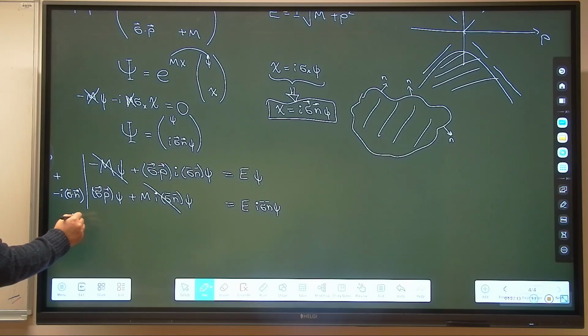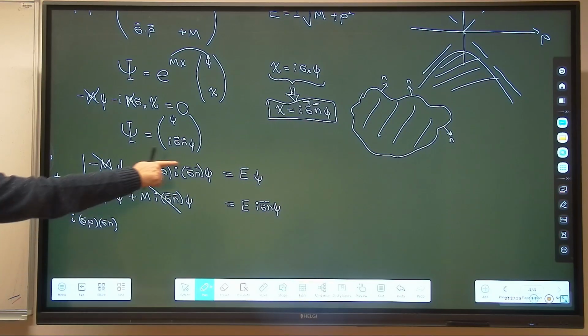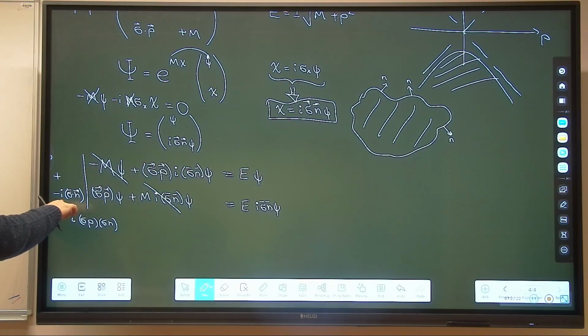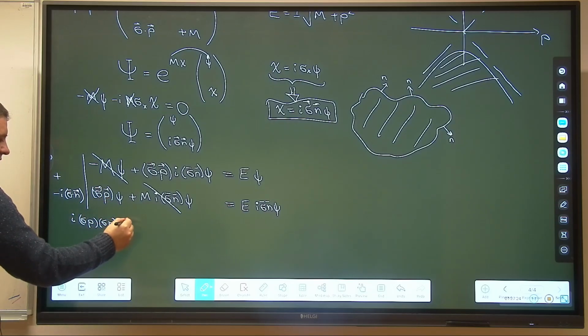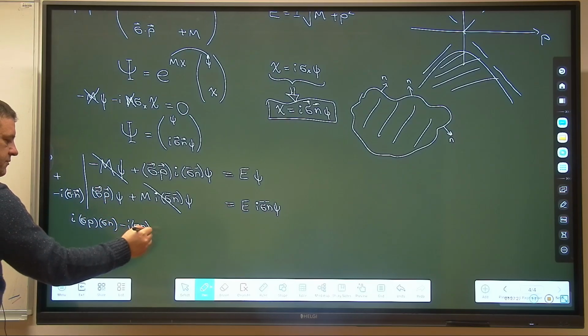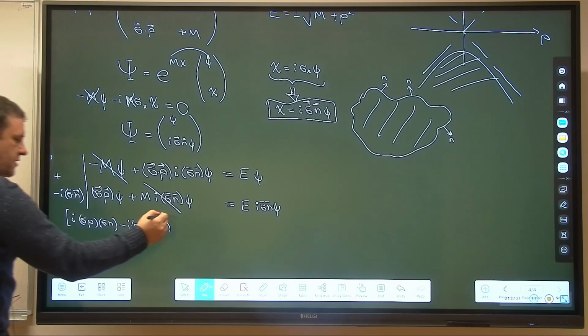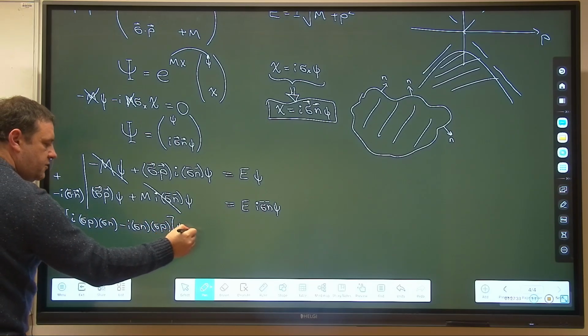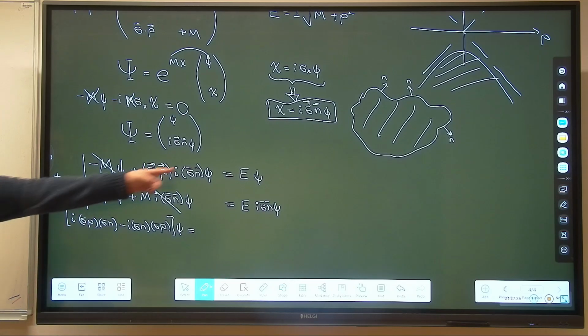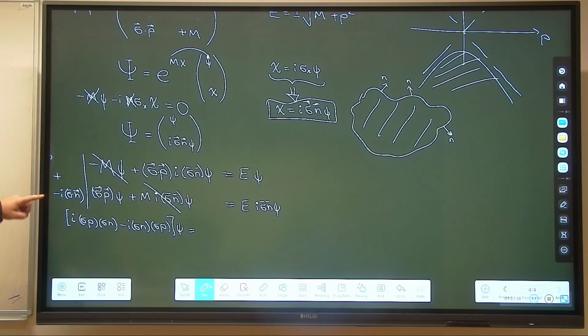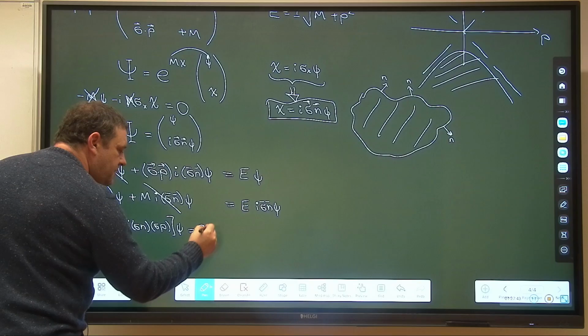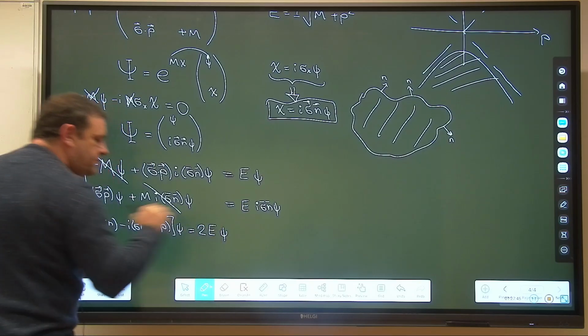I times sigma p sigma n times psi, minus i sigma n sigma p. This whole thing times psi equals, on the right hand side, I have energy, and from here I have another energy. It's just the same. So I have twice the energy times psi.